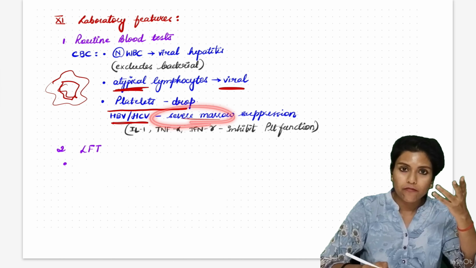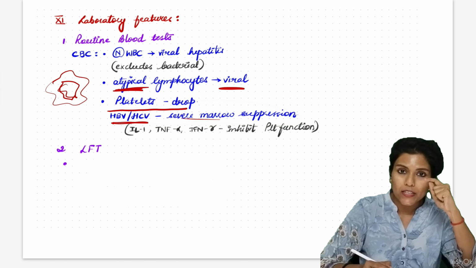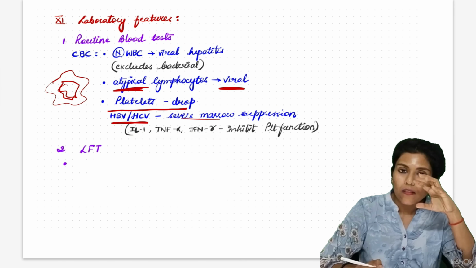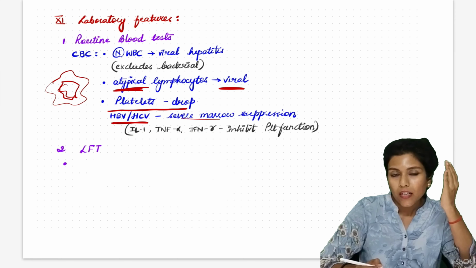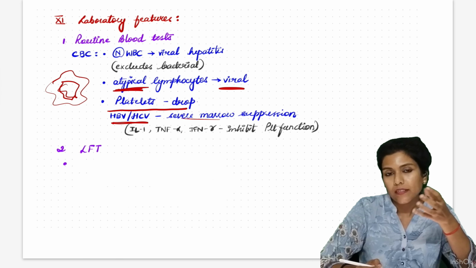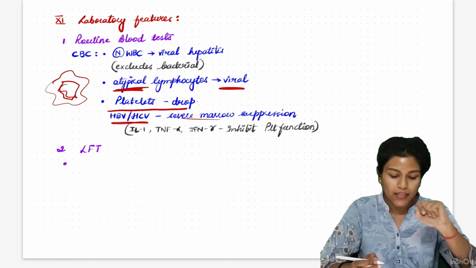And also the cytokines. In infection, there are inflammatory cytokines. Interleukin 1, TNF alpha, interferon gamma, all these inflammatory cytokines will inhibit the platelet function. Whatever low platelets are present, they also have defective function because of these inflammatory cytokines.